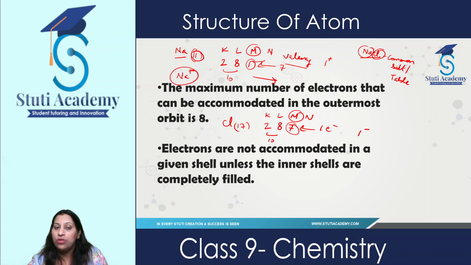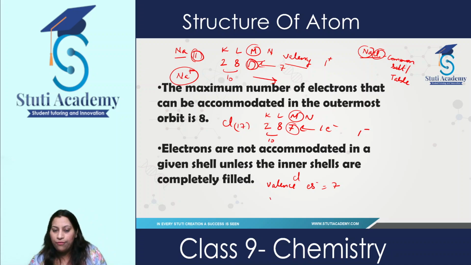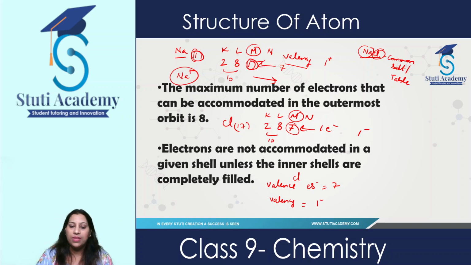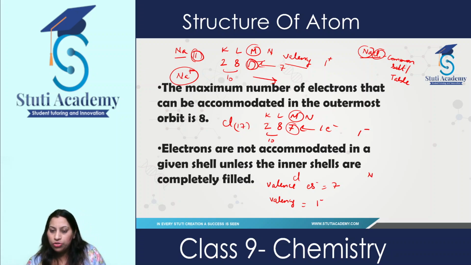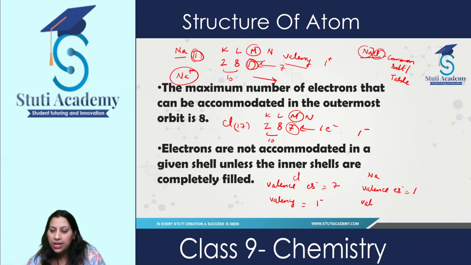So these are valence electrons. Outermost shell contain 1. Here it is 7. So if I'll say valence electron, in case of chlorine, it is 7, because 7 electrons are present in the outermost shell. But if we are talking about its valency, it is 1 minus. Similarly, for sodium, valence electron is 1, because in outermost shell only 1 electron is there, and its valency is 1 plus.